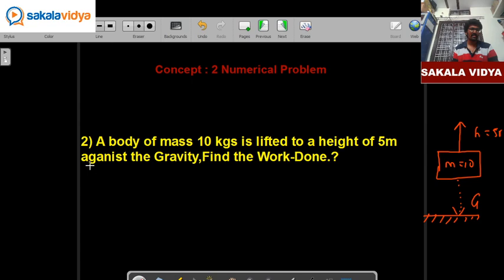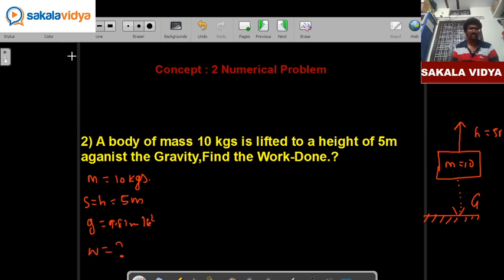So what is the work done here? First let us write the given data. So mass is equal to 10 kg, displacement is equal to height is equal to 5 meters, acceleration due to gravity is 9.81 meter per second square. So we have to find work done.